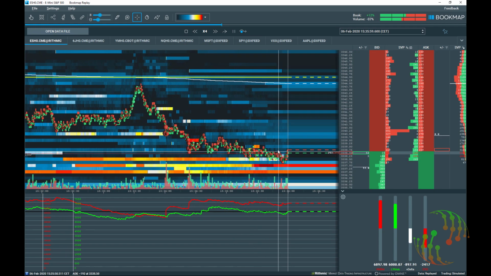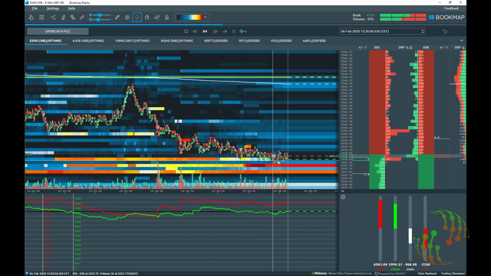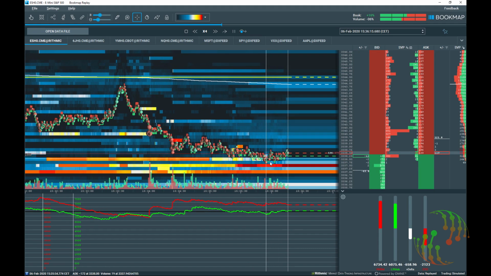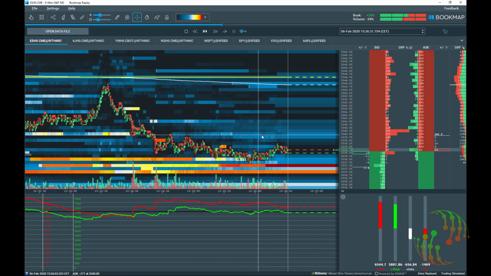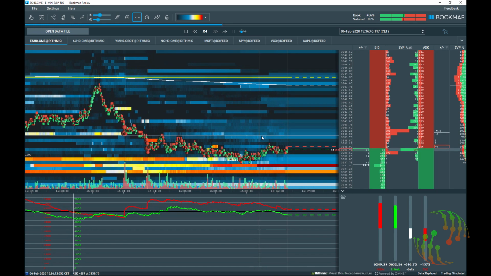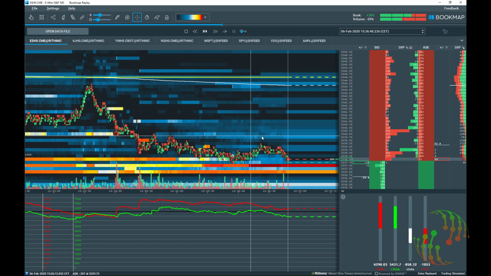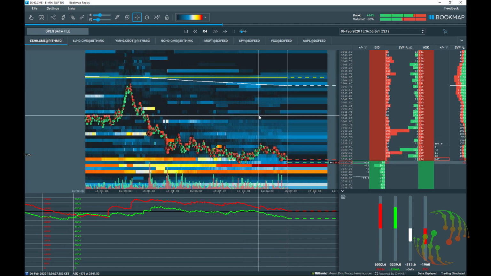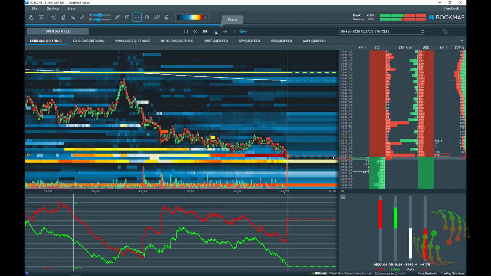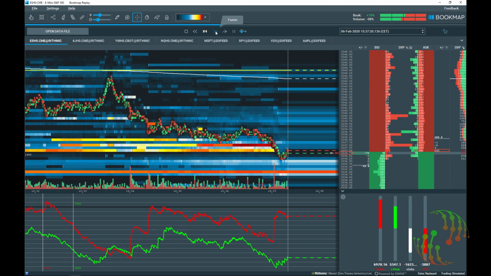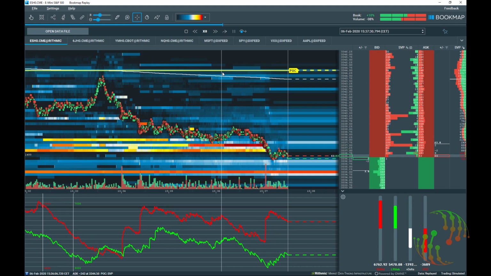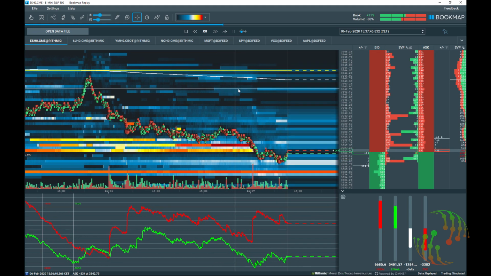These are organic numbers, an organic chart, because there's nothing manipulated, given you have the right data feed, of course. Let's do it a little bit faster, because we are running out of time here. Eight-fold.